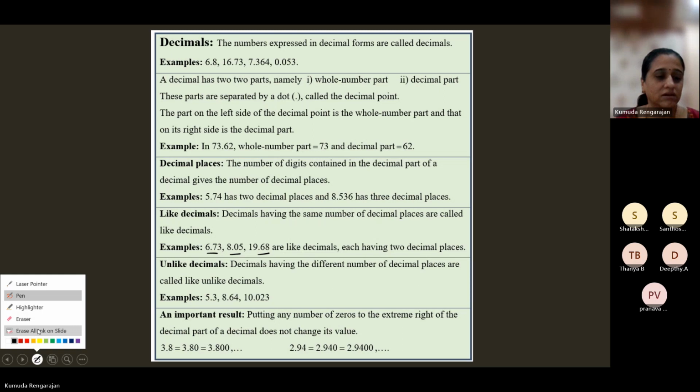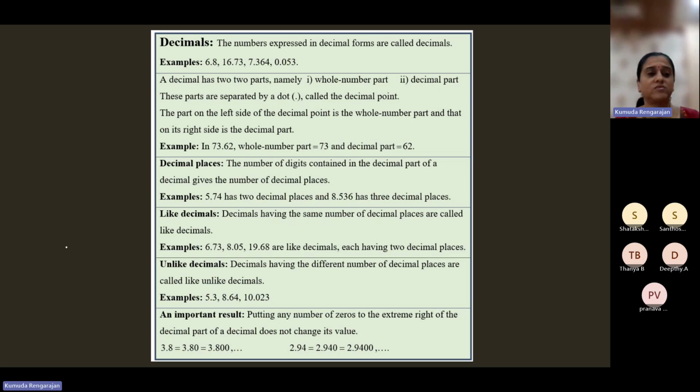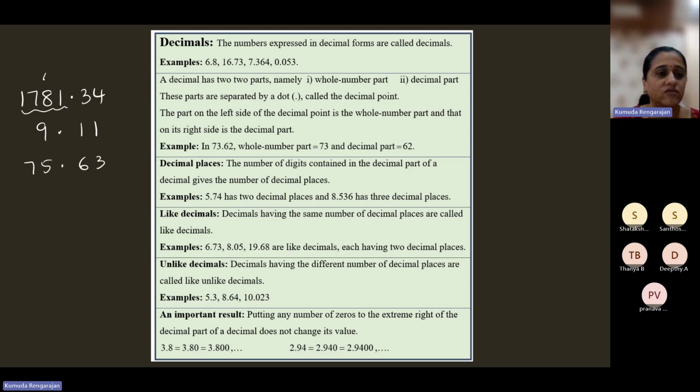See here, we are not concerned about the number of digits before the decimal point. See here, 17834, 9.11. Here the whole number part has 4 digits, the whole number part has 1 digit, the whole number part has 2 digits.